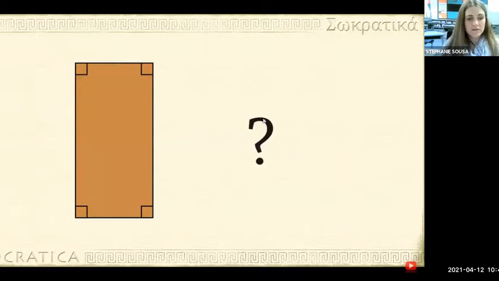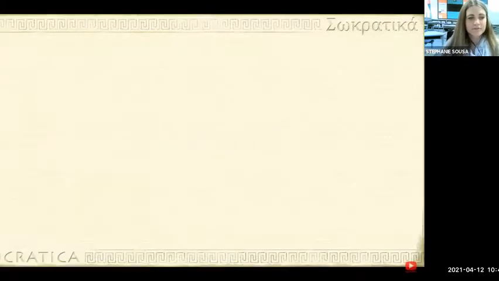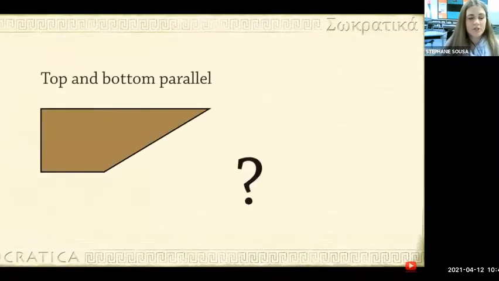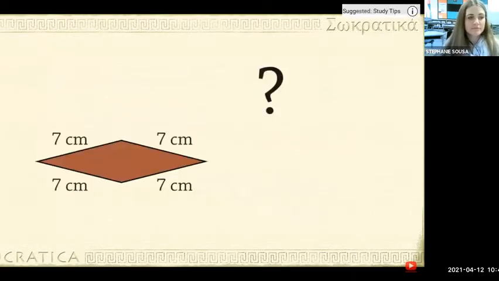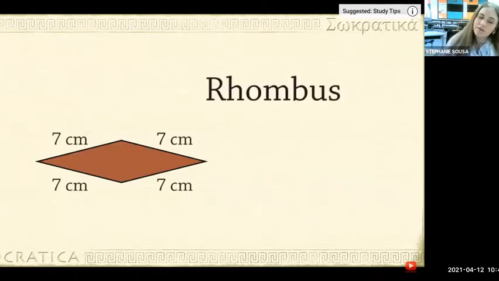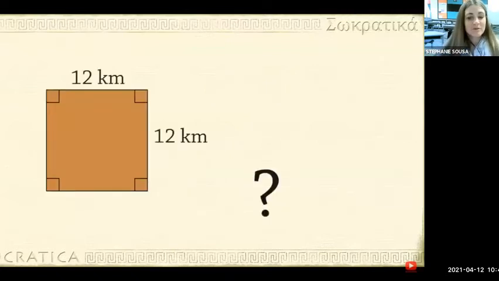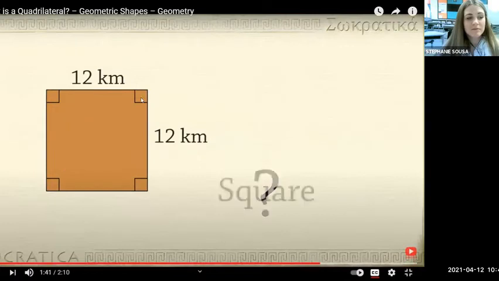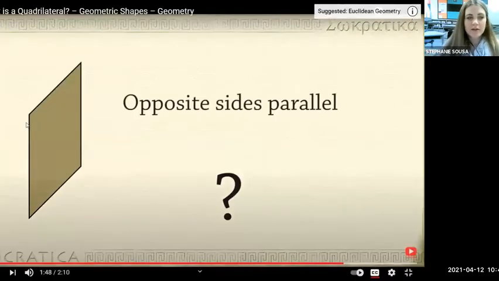What is this? Equal angles, rectangle. What shape is this? Trapezoid. What about this one? Careful, it's not a square, even if you turn your head. It's a rhombus. What about this one? Sides are the same. Square. Opposite sides are parallel. It's not a square.